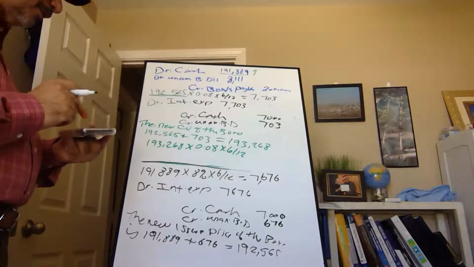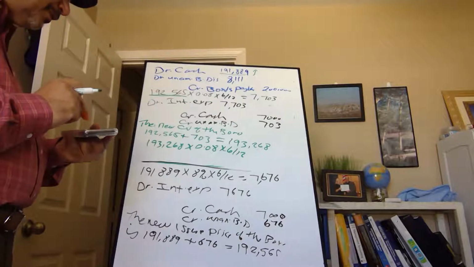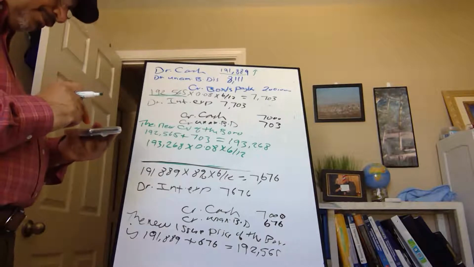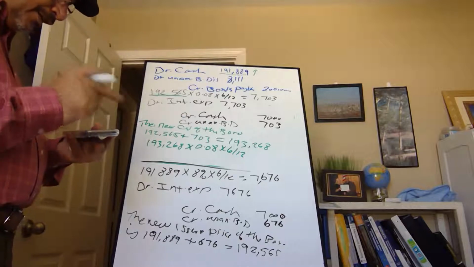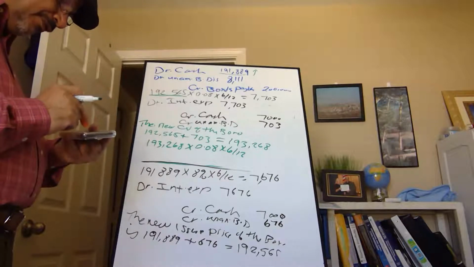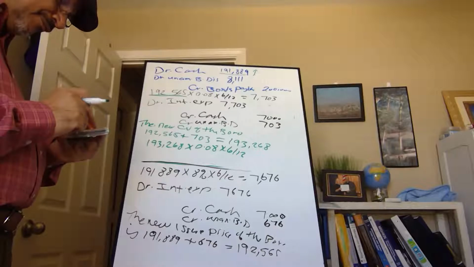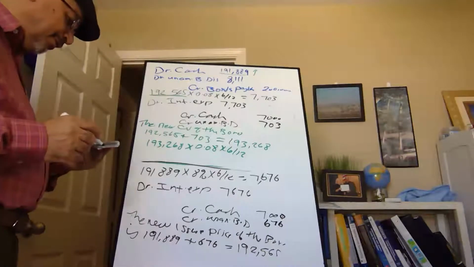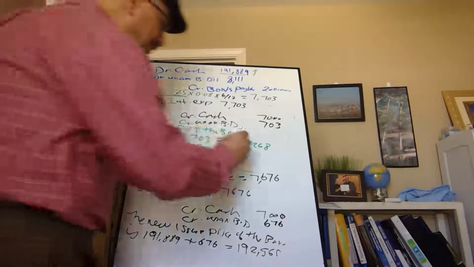That will be 193,268 times 0.08 times 6/12. That will give us 7,731.